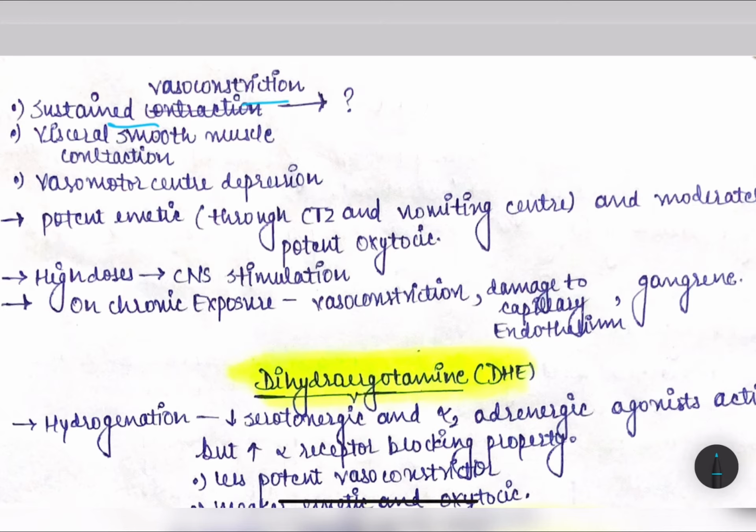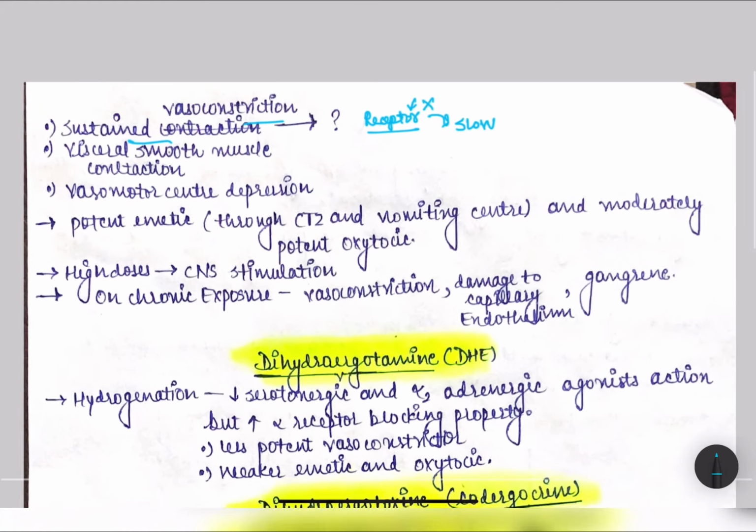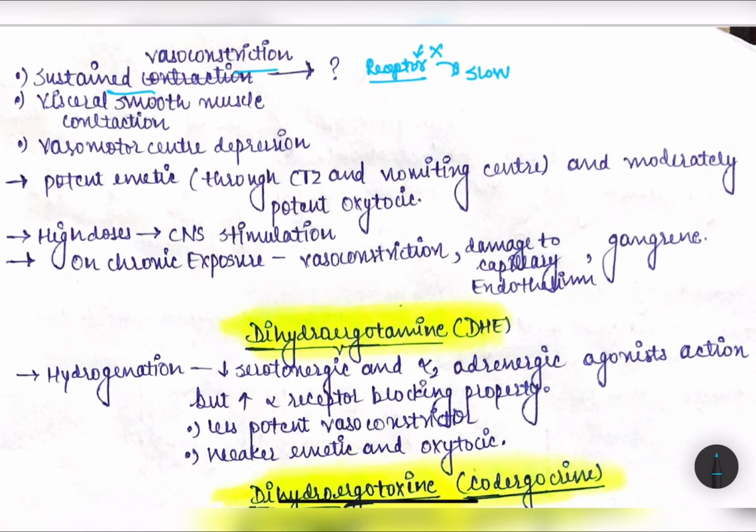Why? Because of very slow dissociation from the receptors. Once they are bound to the receptor, the dissociation is very slow, and because of that it causes sustained vasoconstriction. They also cause visceral smooth muscle contraction as well as vasomotor depression, and the actions of norepinephrine and 5-HT on smooth muscle are antagonized.